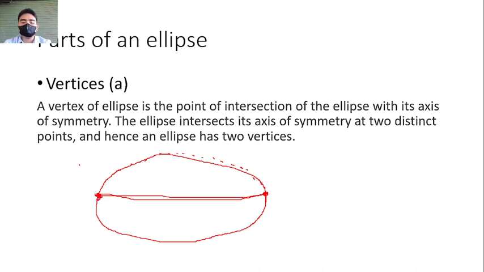So therefore, all the points that intersect with your axis of symmetry are your vertices. Let's call it vertices. If you have two vertex points, they are called vertices. If you only have one point that intersects the ellipse, that is what we call a vertex. So this is vertex 1, and this is our vertex 2. Or we could just call them vertex or vertices.